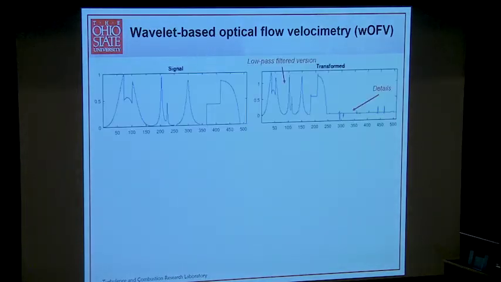So let's look at it from a graphical point of view, in case all that description is completely lost. You have to stare at it for a while. This is my original signal. It's 512 pixels long. Once I apply a wavelet transform at the finest scale, I end up with something that looks a lot like it.